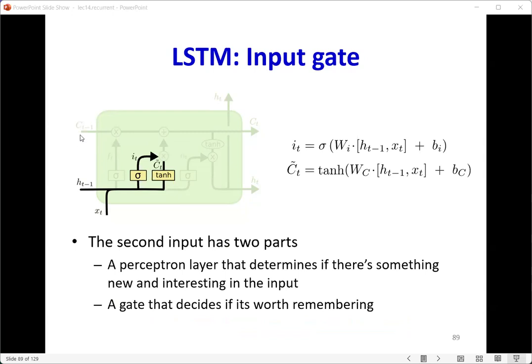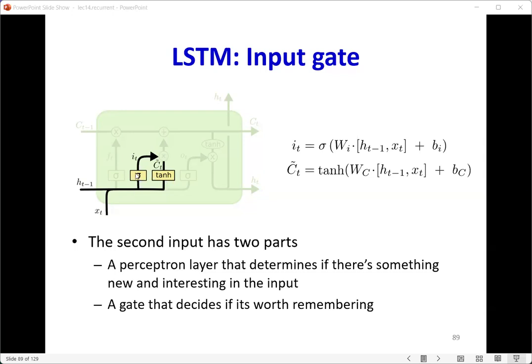First, if this is counting open curly braces, this one is going to detect more open braces. So this first thing is a pattern detector, which looks at the input and the current hidden state and determines if the pattern is something that could potentially increment this. So this is a pattern detector, C tilde T, right? But then the detected pattern is influenced by the context. For example, that pattern could be in a comment block, in which case seeing an additional open brace in a comment block should not modify what's in memory.